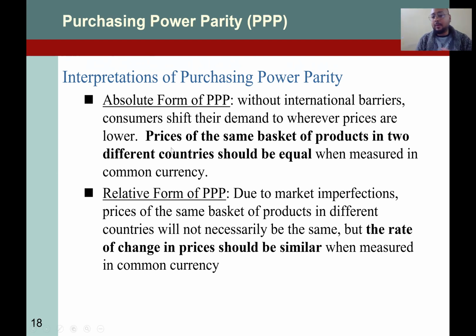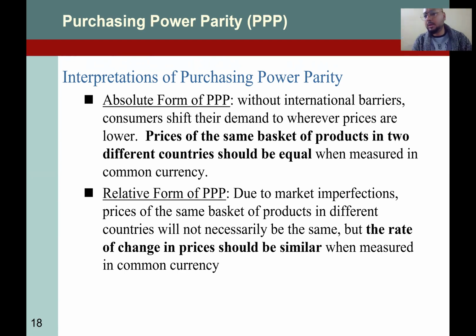Every country has its own CPI, consumer price index, in which they put necessary items for daily consumer use, like flour, sugar, bread, fruits, and meat, not luxury meat, not the meat of the deer or something.